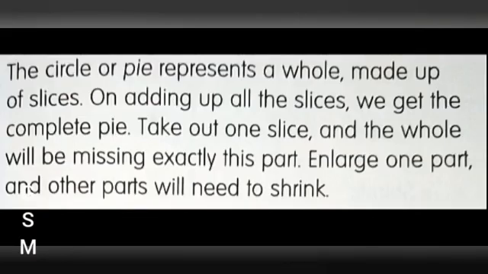The circle or pie represents a whole made up of slices. On adding up all the slices, we get the complete pie. Take out one slice and the whole will be missing exactly this part. Enlarge one part and the other parts will need to shrink.